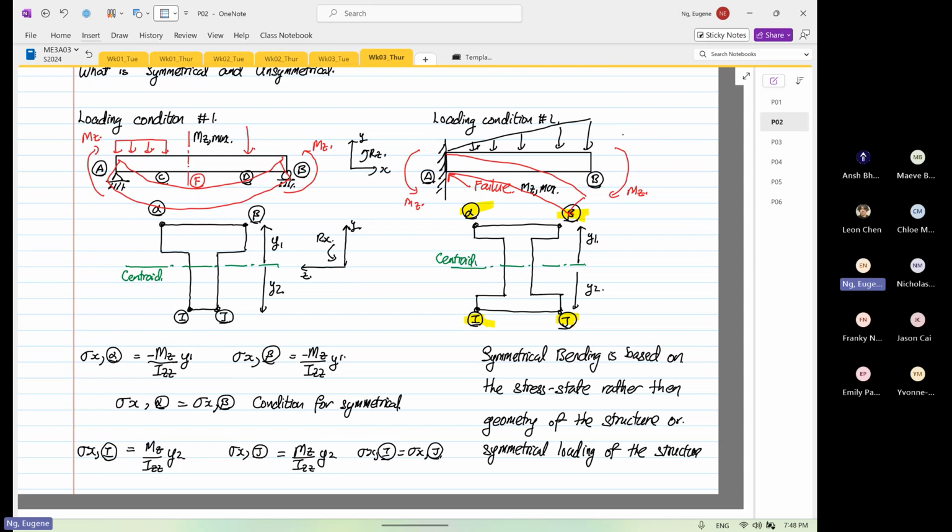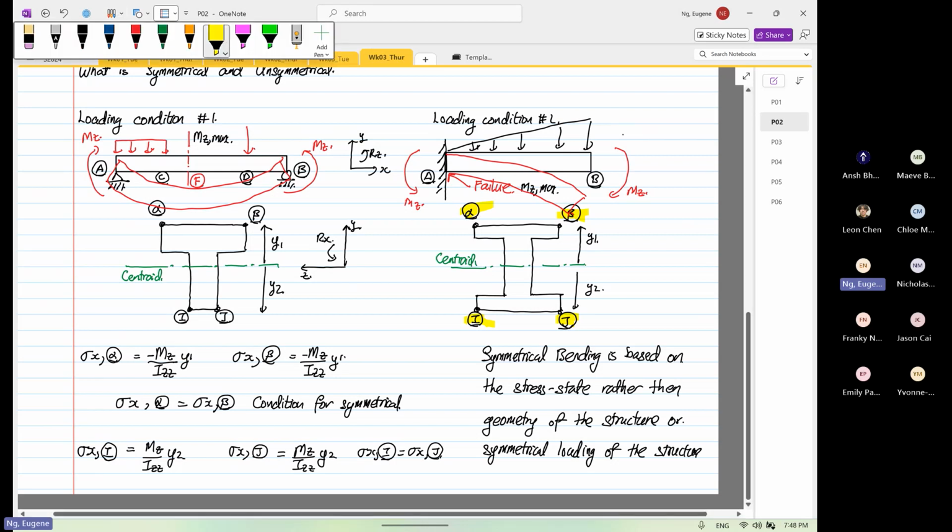Okay, so as long as these conditions are met, it's not asymmetrical loading, period.